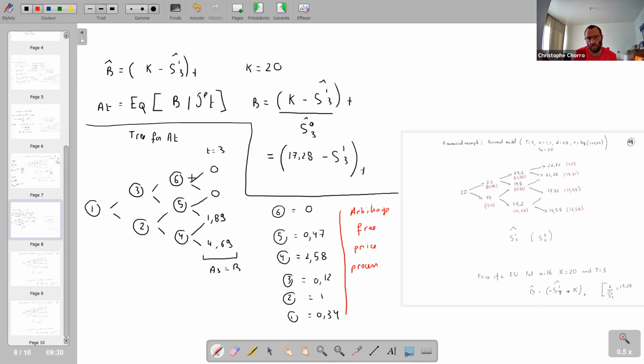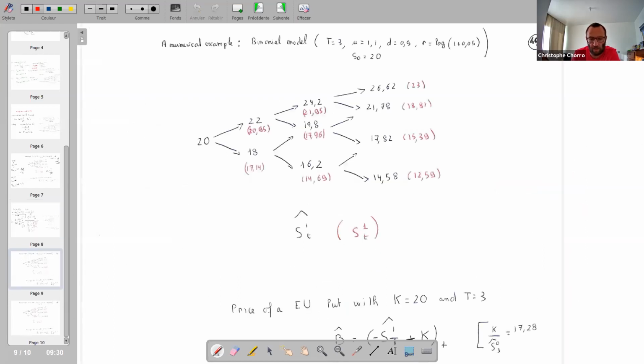And in order to conclude this question, the only thing I have to do now is to find what happened for the hedging strategy. What happened for the hedging strategy?